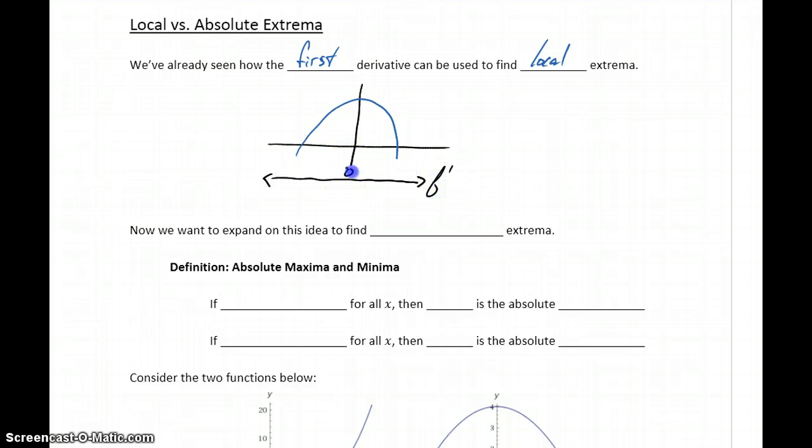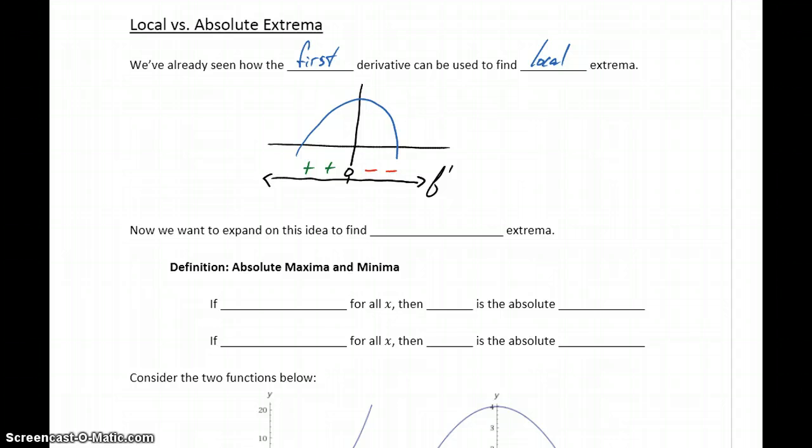We would find some point where the derivative is equal to 0, and then we'd be looking for the sign of our derivative to change. So if we get a change from positive to negative, we have increasing to decreasing, so we have a local maximum. If we had it change from decreasing to increasing, we would get a local minimum.